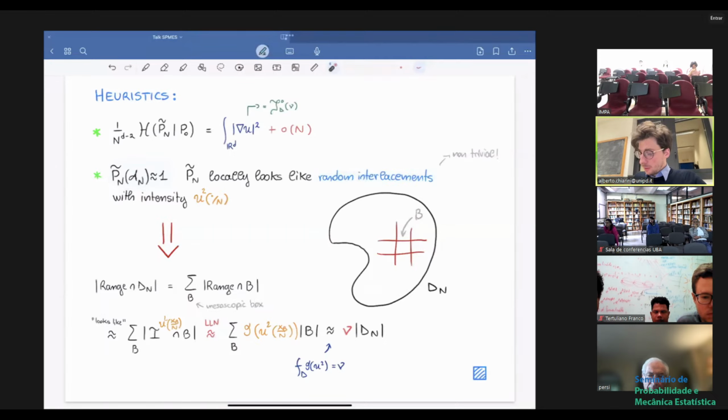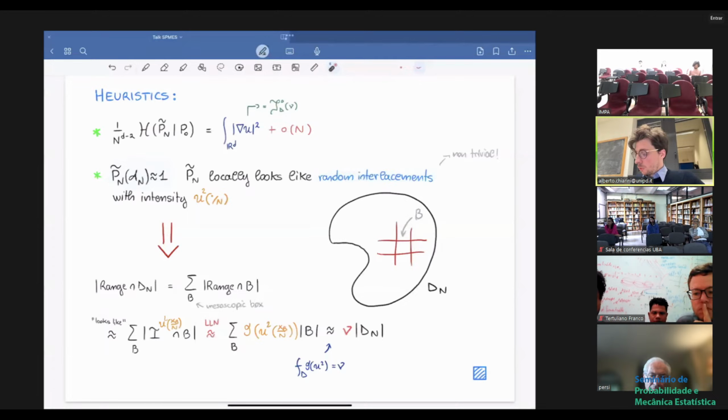And now, since the range in mesoscopic boxes looks like interlacements at this level, then this sum is just the sum over B of interlacements at level U squared x_B over N, where x_B is the center of the box, intersected with B. But for this, we know by the law of large numbers that this is essentially theta at that level.